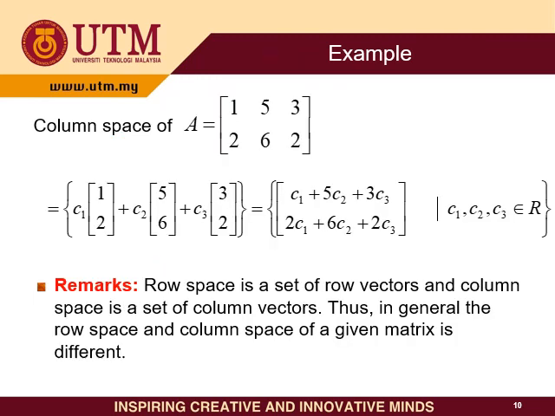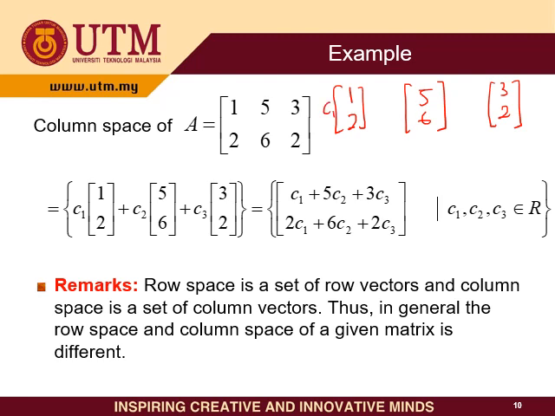Okay, now how to find the column space? Again, same as the previous row space, we state each of the column vectors here. The first vector is 1, 2, followed by 5, 6, followed by 3, 2. As you can see, we will have one more scalar compared to our rows.